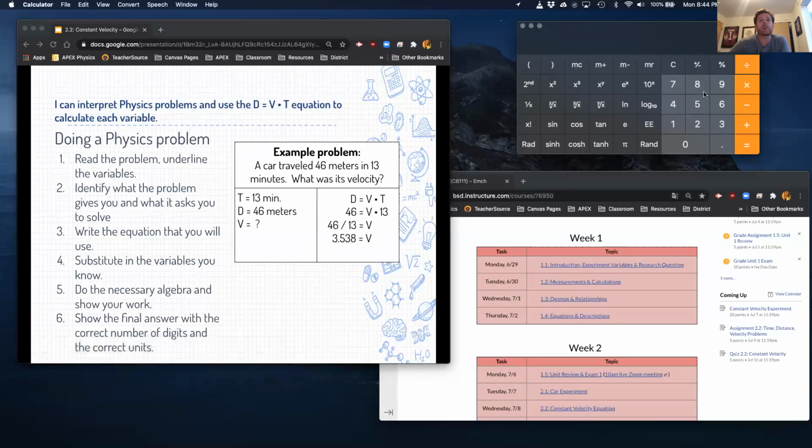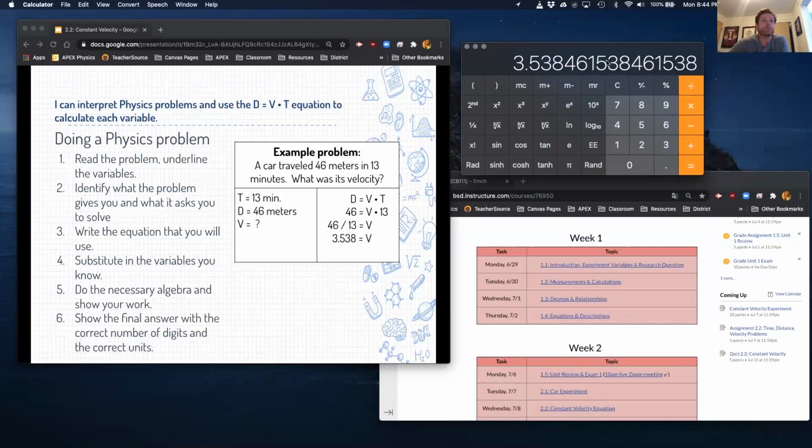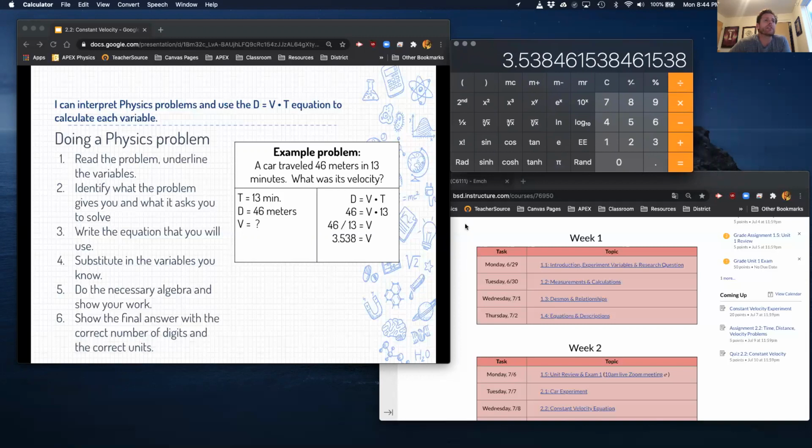I get 46 divided by 13, and I get all of these numbers right here. Wow. So how many digits do I write? Well, look at this. Right here, I have 2 digits. Right here, I have 2 digits. So that means right here, I should have 2 digits. Bam, the 3 and the 5. Okay, now in this case, I'm finding out what the velocity is, and this is meters, and this is minutes, so my unit is meters per minute.